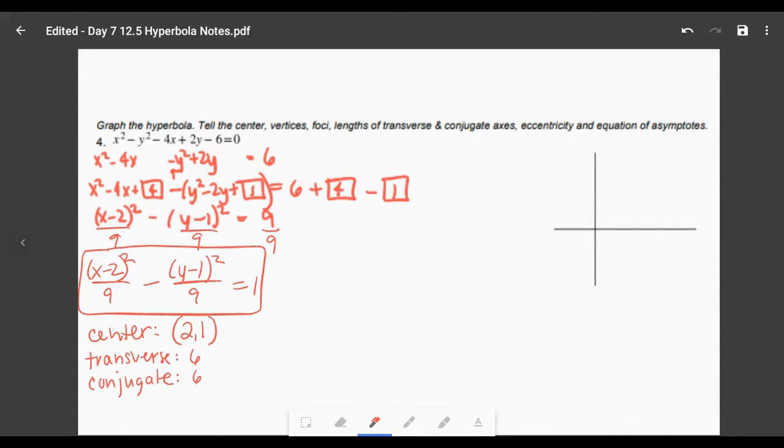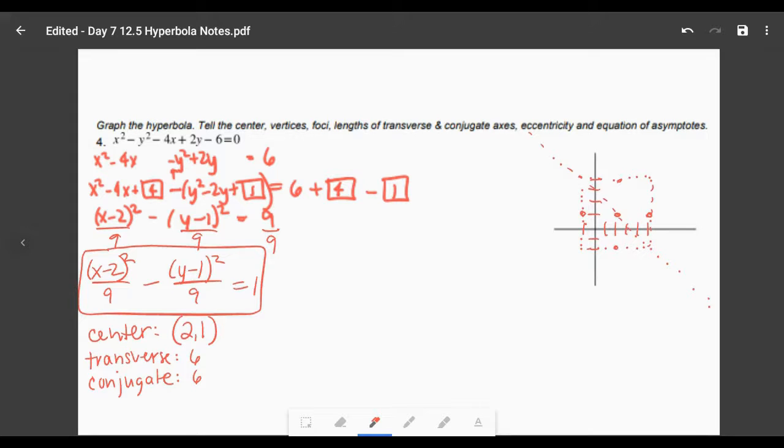We can start to draw this. We have 2, 1 as our center point, and then we need to go 3 units in each direction, left, right, up, and down. And that leads us to a square as opposed to a rectangle. We can also draw in our asymptotes.